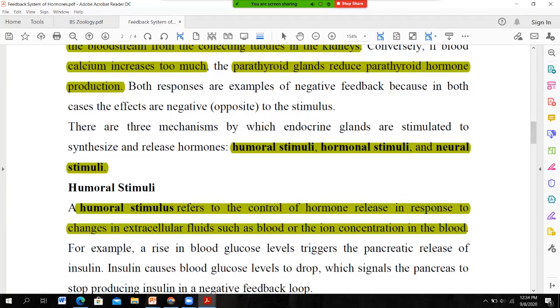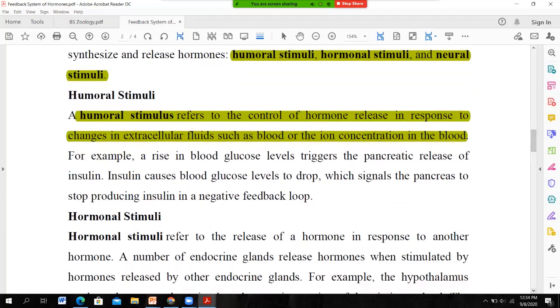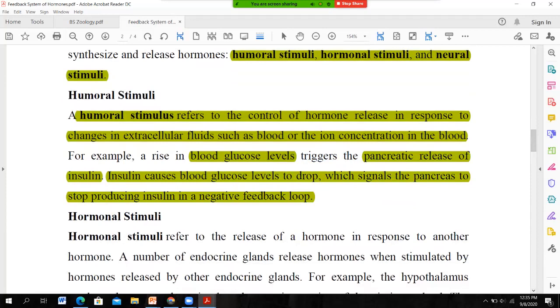For example, an elevated blood glucose level triggers the pancreatic release of insulin. Here the stimulus is from the extracellular fluid. Insulin causes the blood glucose level to drop, which signals the pancreas to stop producing insulin. So a humoral stimulus is generated from the extracellular fluid.